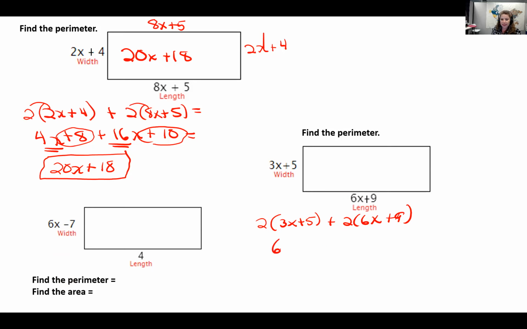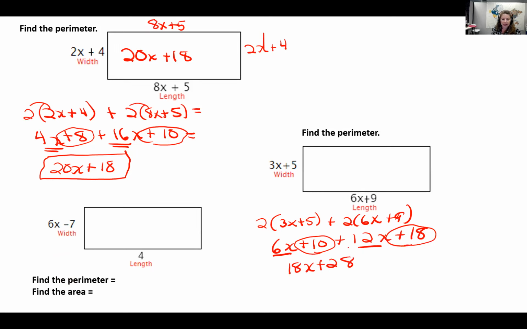All right, so we get 6x plus 10 plus 12x plus 18. All right, and then 6x plus 12x is 18x. And 10 plus 18 is 28.